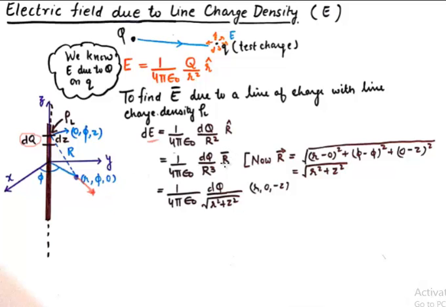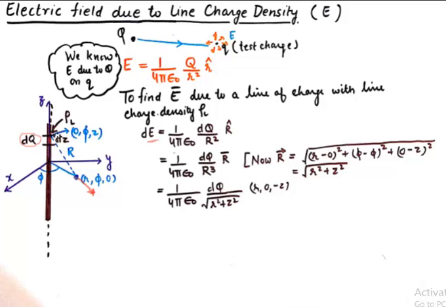So again in the next step I can convert this r square into r cube, making this as the r vector, and r vector is nothing but the starting point and the end point. Starting point is r minus 0 square plus phi minus phi square plus 0 minus z square, so it becomes r square plus z square.